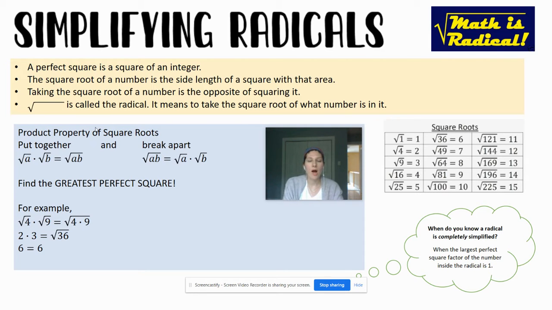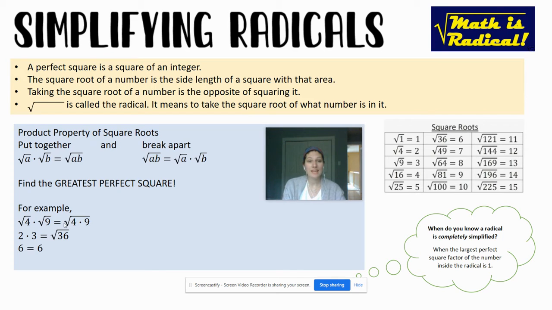The biggest property that we're going to need to simplify square roots is this property right here. It's called your product property, and you can use this property to condense or expand radicals. If you are multiplying two radicals, you can put them in one radical by multiplying what's inside of the radicals. For example, down here, I have the square root of 4 times the square root of 9.